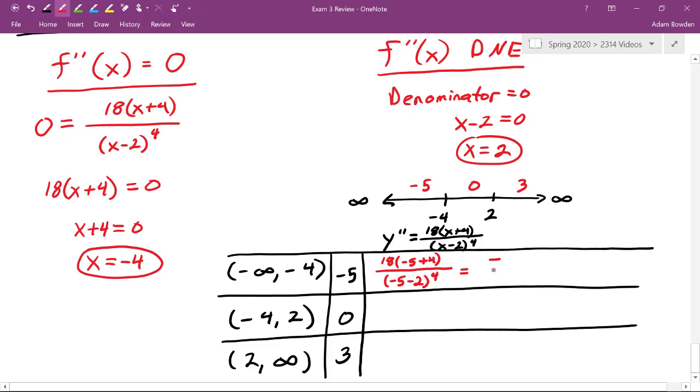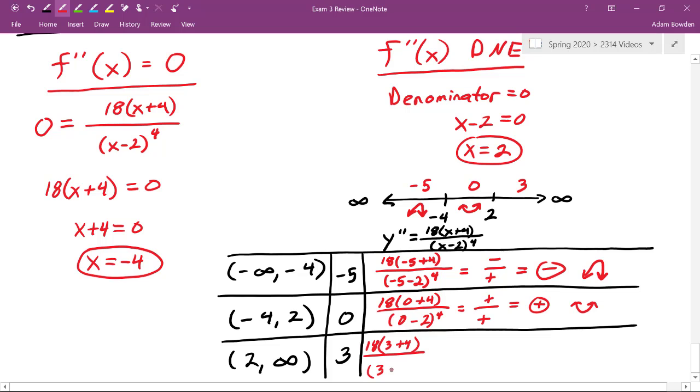On top, you're going to get a negative number divided by a positive, so negative, which tells us this is concave down. We plug in a 0. On top, it looks like it should be a positive number. On the bottom, positive. Turns into positive, concave upward. We plug in a 3. Looks like we're going to have another positive number divided by a positive, so still would be concave upward.